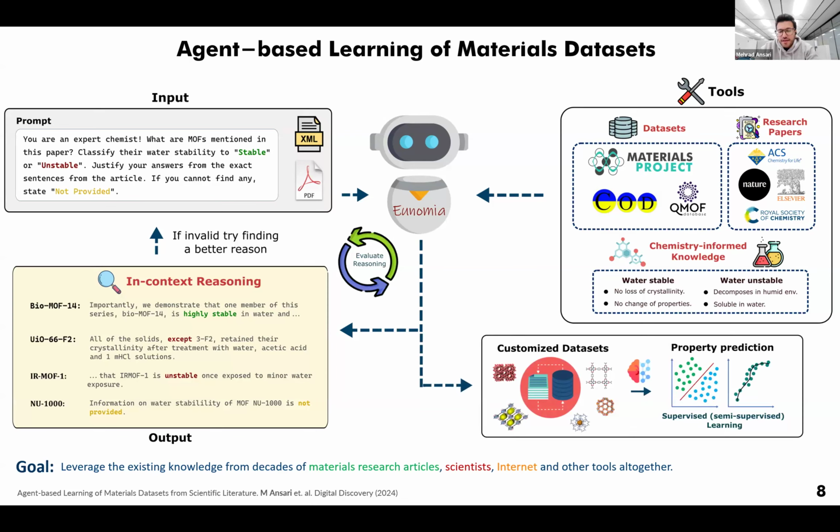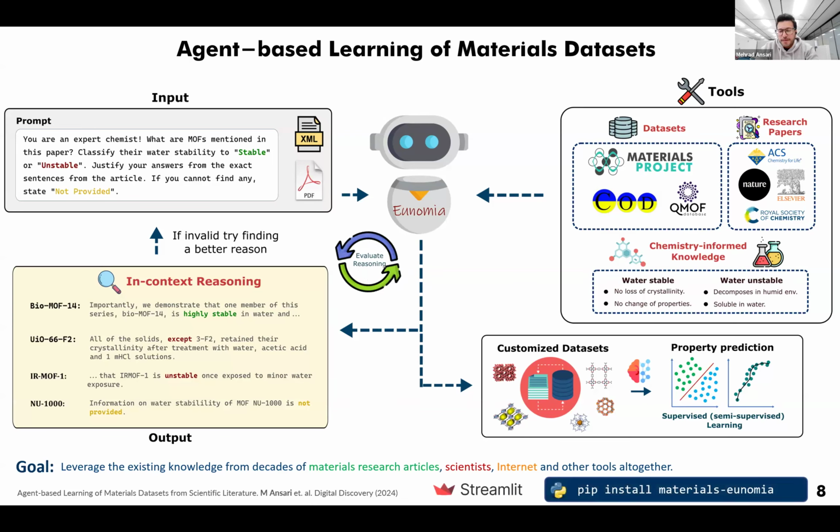And with that, you can make your own customized data set. This is mostly machine learning ready. For MOFs, it could be tricky because you actually need the chemical structure in a CIF format. But for other properties, you can also use it and it can be valuable.